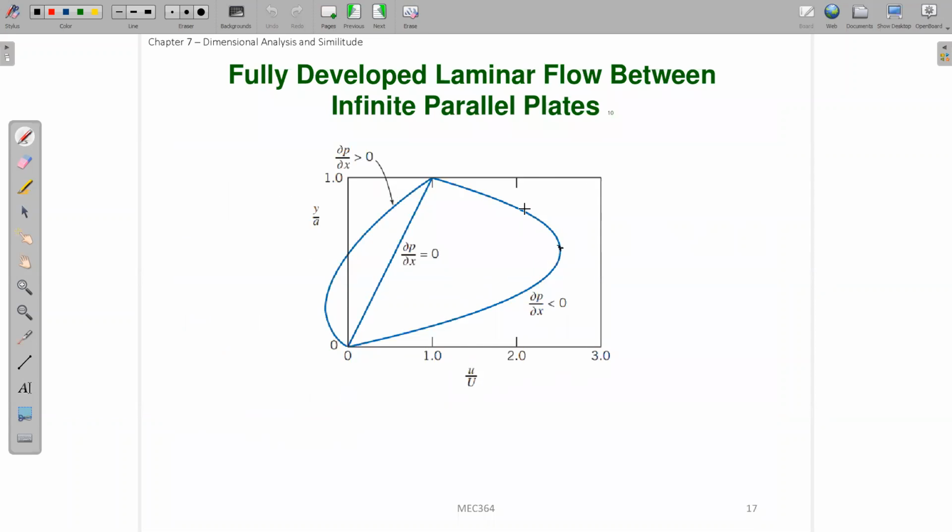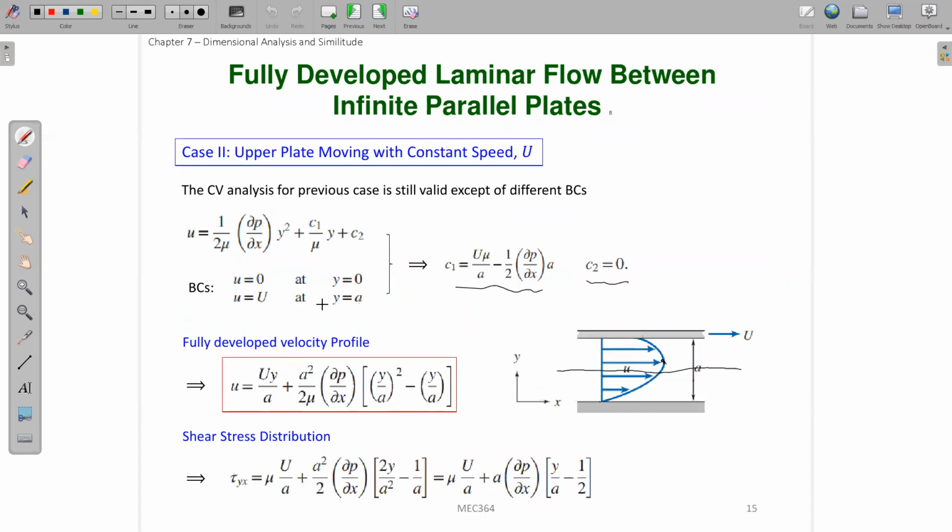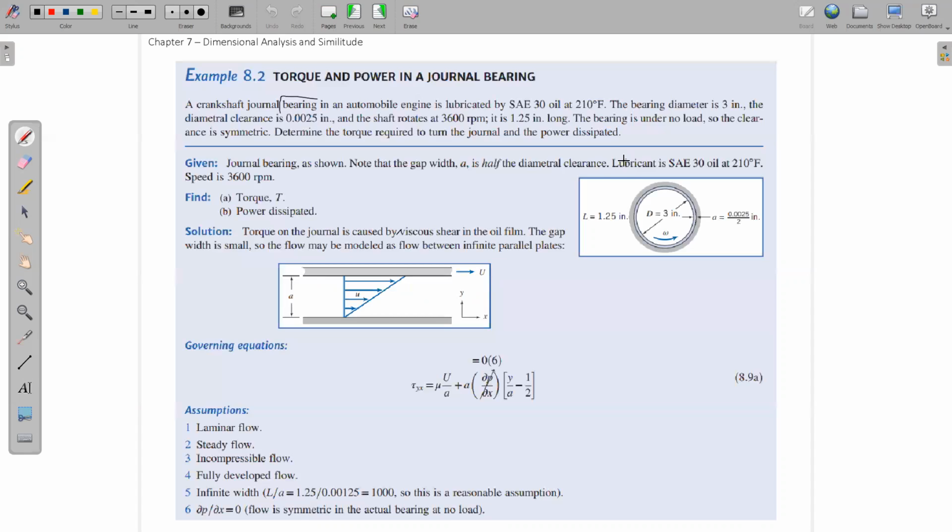We want to know the viscous force generated on this inner cylinder surface. The shear stress times the area gives you the viscous force, and this force generates torque about this center point, and this torque times the angular velocity omega gives us the power required.